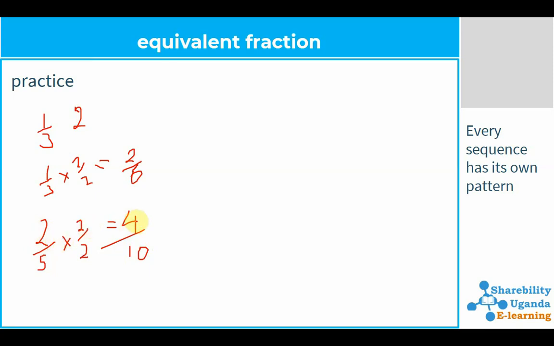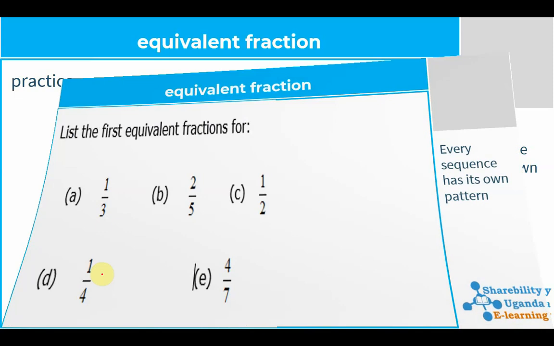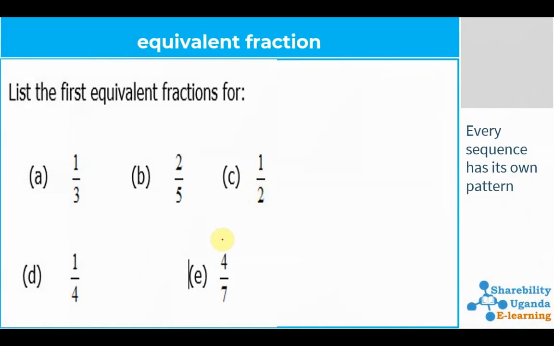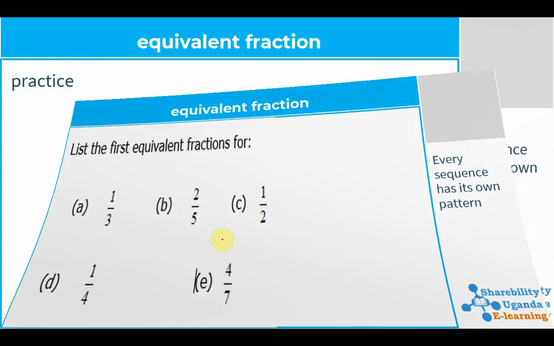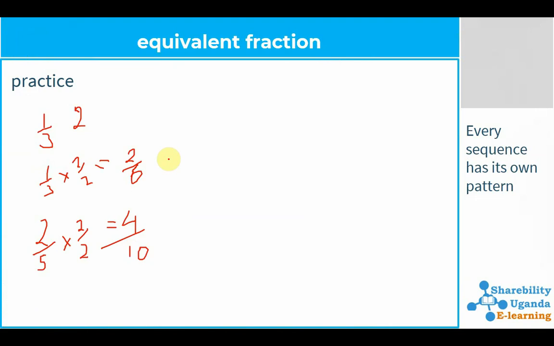Okay, we have learned how we can prove this. Let's also see how we can get the next number, 1 out of 2. We have 1 out of 2. So here we shall take our number 2 and multiply.